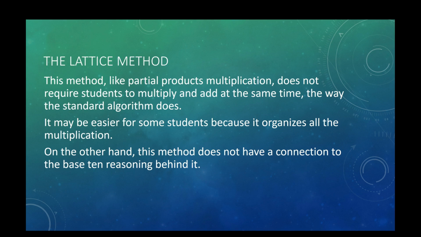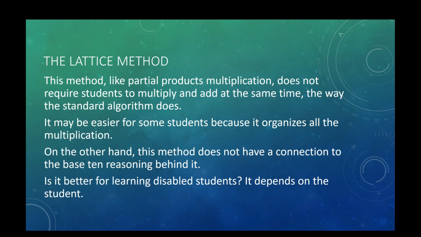On the other hand, it doesn't have a connection to the base 10 reasoning behind it. Some schools argue that it's better for learning disabled students, but it really depends on a student's learning disability and what feels like it gets jumbled up for the student and what doesn't. So just keep that in mind.